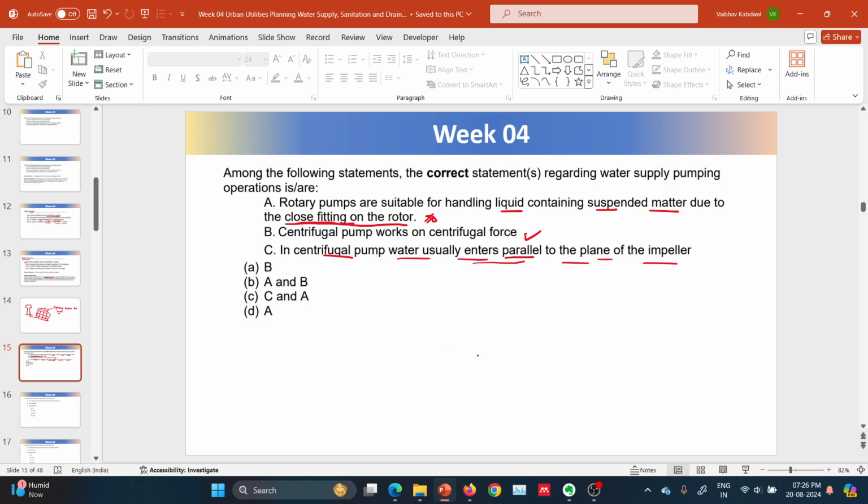Let's take the example. So the water will come parallel to the surface. So water will go inside, and because of the rotation, the centrifugal force will throw the water outside.